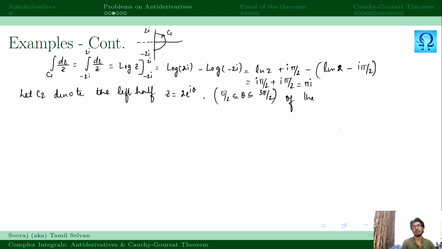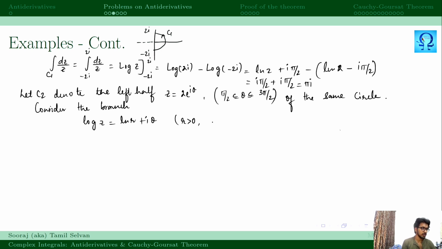Here the same thing is going to happen, but we will have to consider the branch log z equals ln r plus iota times theta with r positive and theta lying between 0 and 2 pi.